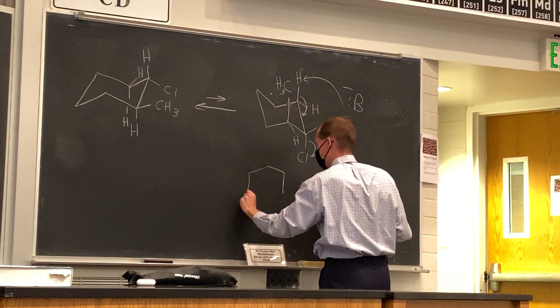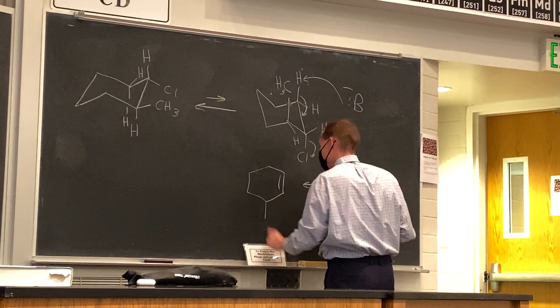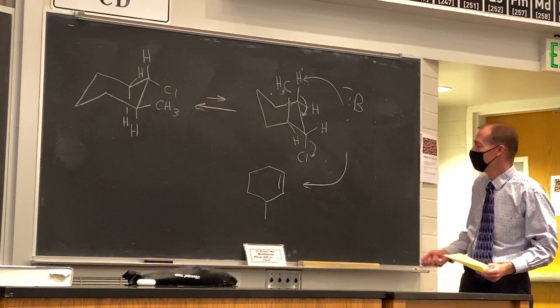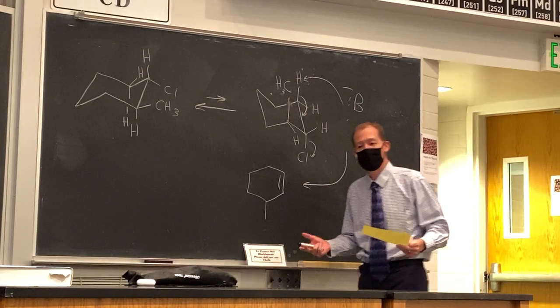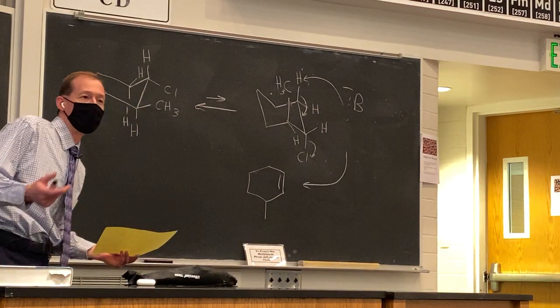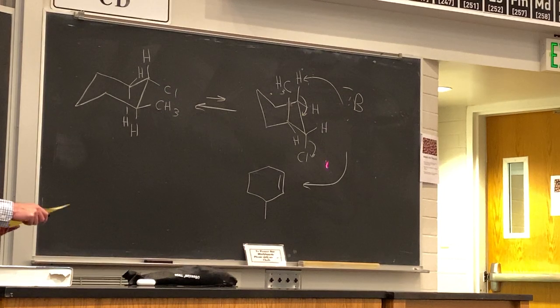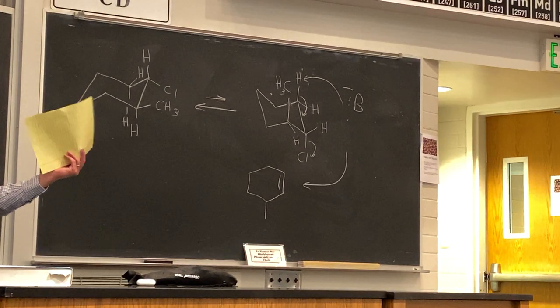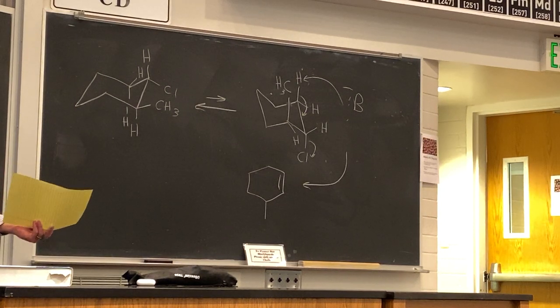And what that gives us is a di-substituted alkene. And that's the only product we get because we cannot form the tri-substituted alkene because the stereochemistry prevents that beta hydrogen from being anti to the leaving group.